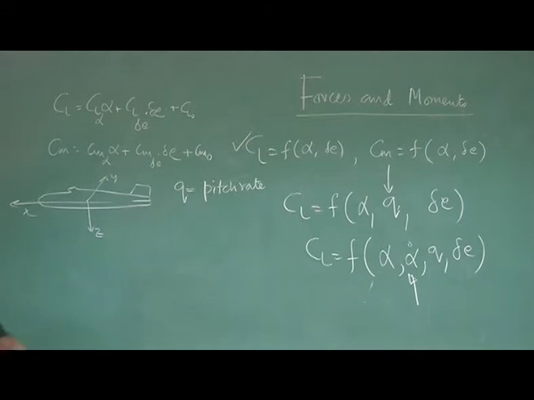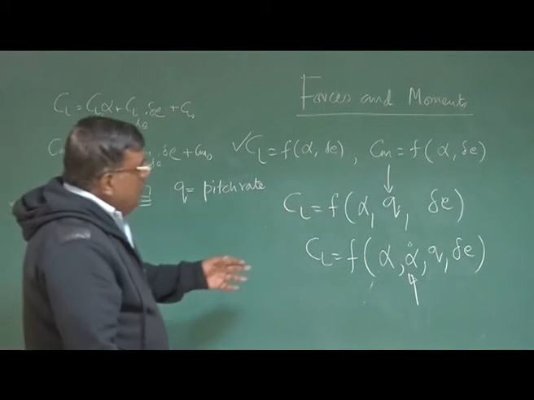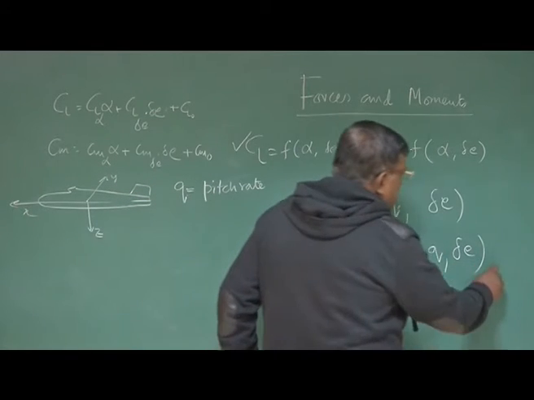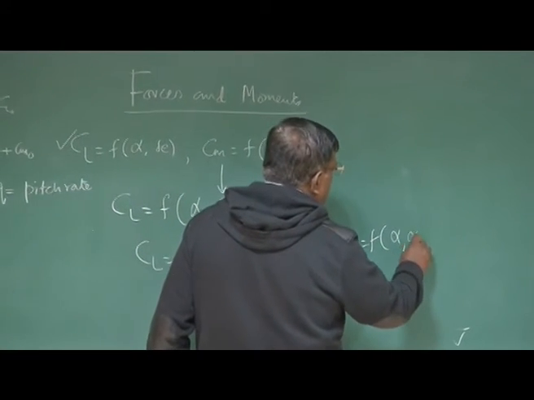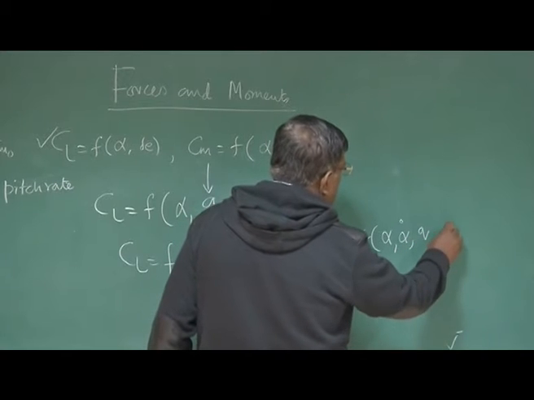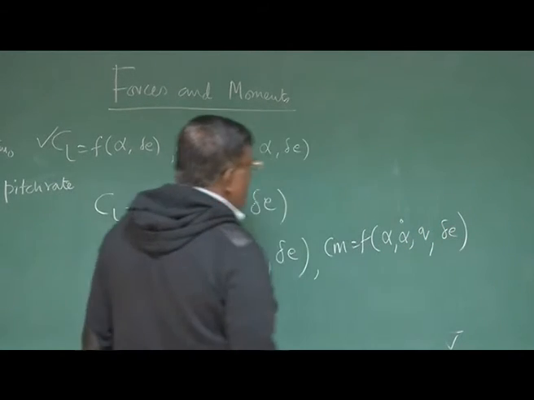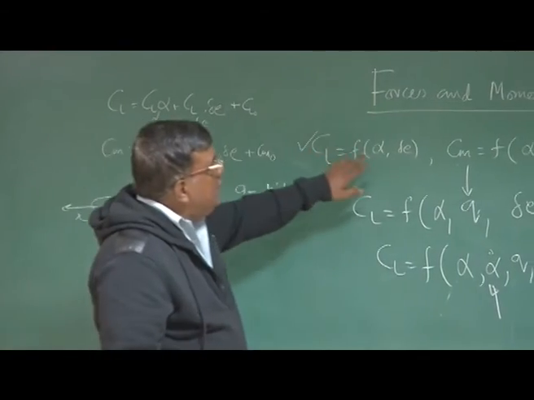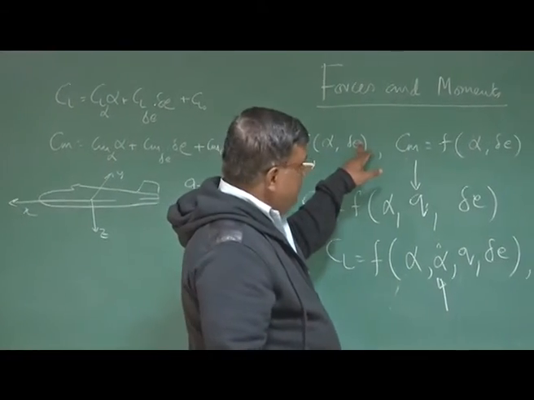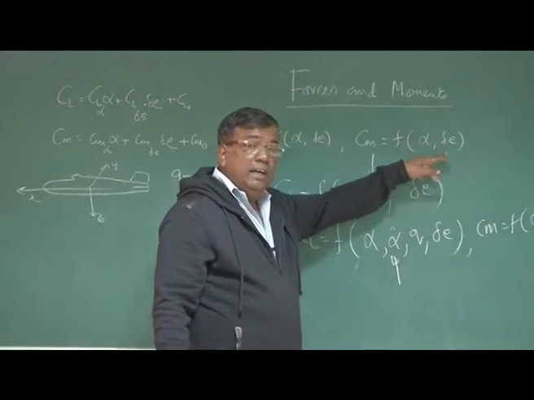We will explain why this happens, but I am just building up so that we can develop expressions. So if CL is like this, then Cm also will be a function of alpha, alpha dot, q, delta E. From the static case, it was just a function of alpha and delta E.